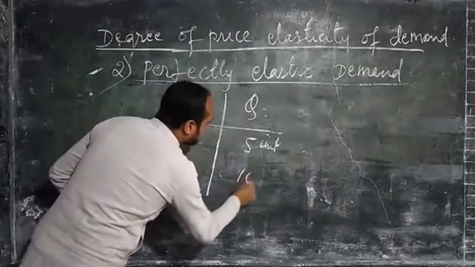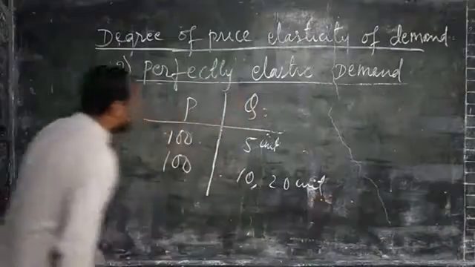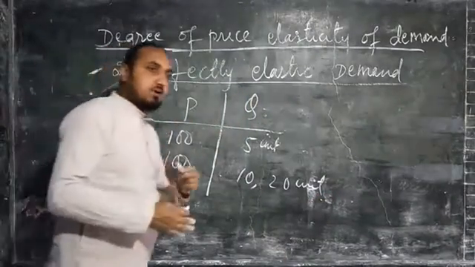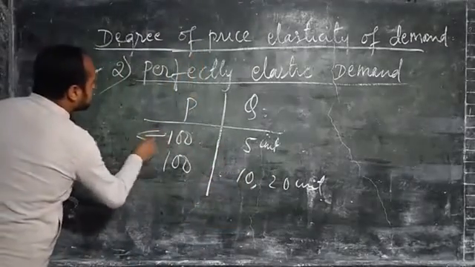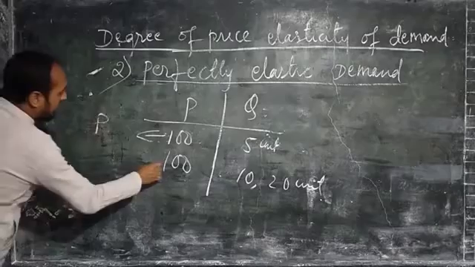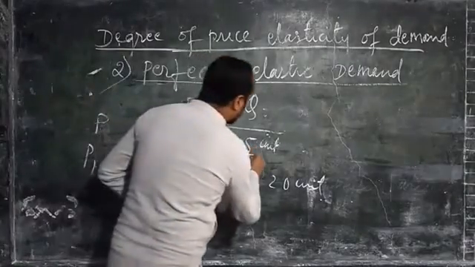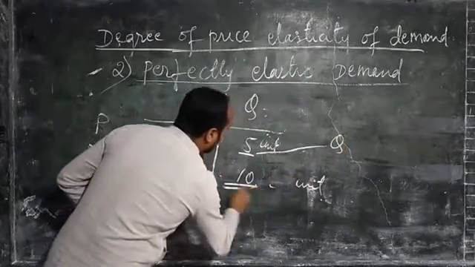It may be 10 or it may be 20 units. But what we see is that the price of the commodity is remaining the same, and quantity demanded can change by any amount. So let's consider this initial price as P and this one as P1. Similarly, this quantity as Q and this one as Q1.